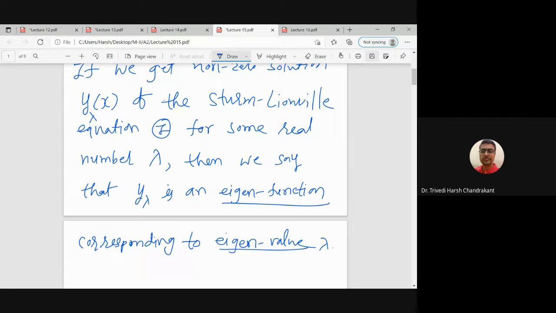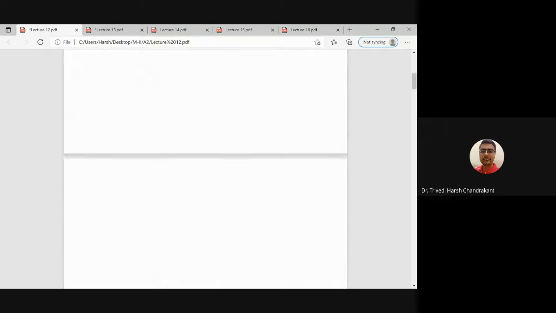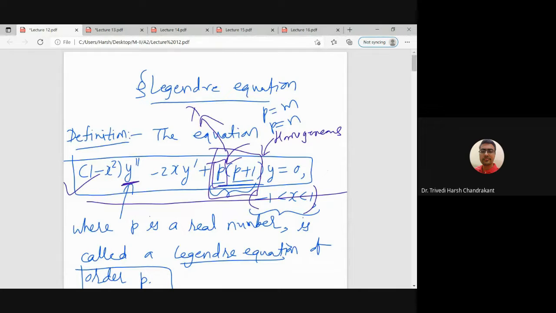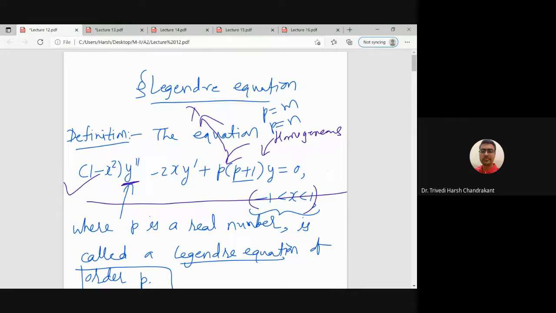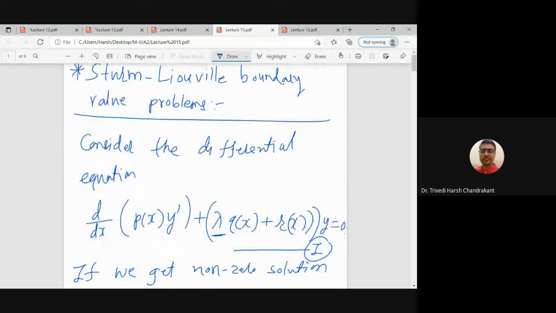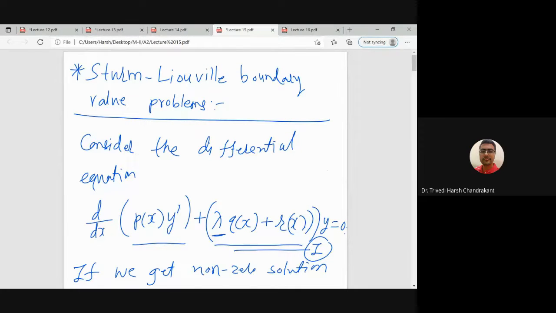Right. So once again, if we consider the Legendre equation, then we know that for different values of this number lambda, so lambda here is this number, because this differential equation we can write in this form, right? Derivative of some function y dash plus lambda y.